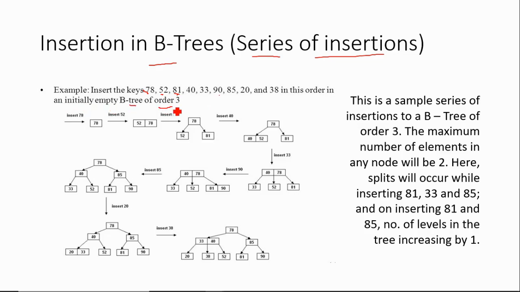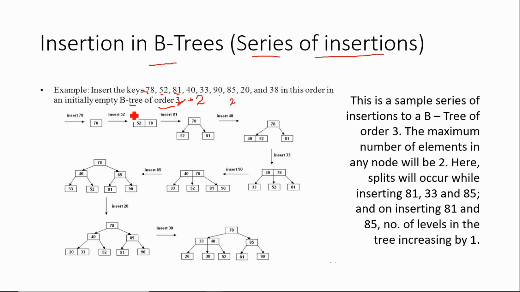So they have mentioned the order. If we know the order, then we can find the maximum number of elements in any node. The maximum number of elements has to be 2, and surrounding these 2 elements we can have 3 subtrees.